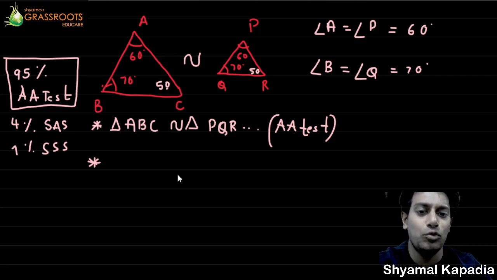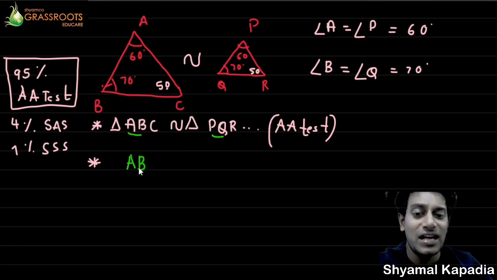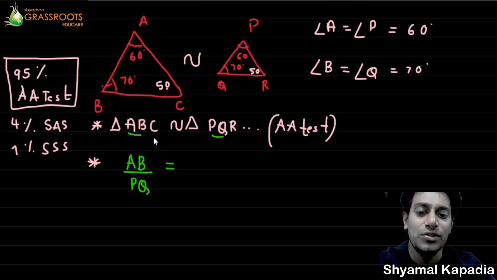After this, the step to be written is this: AB upon PQ, first 2 upon first 2. Namings are very important in this chapter. Is equal to BC upon QR, which is equal to AC upon PR.